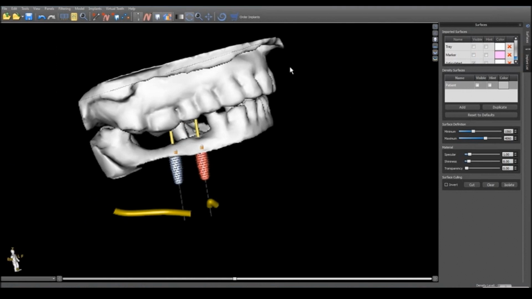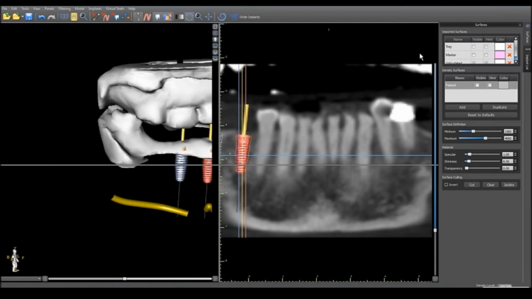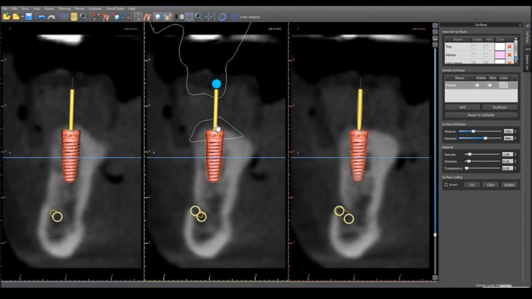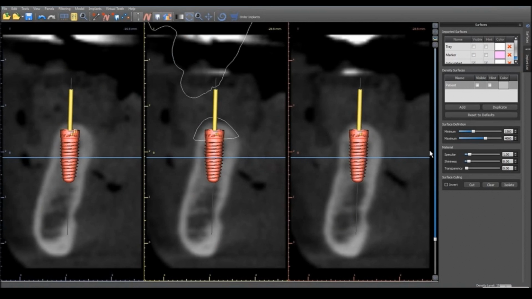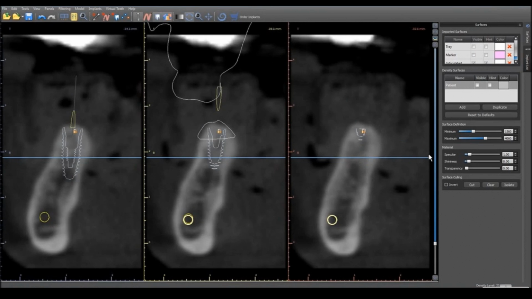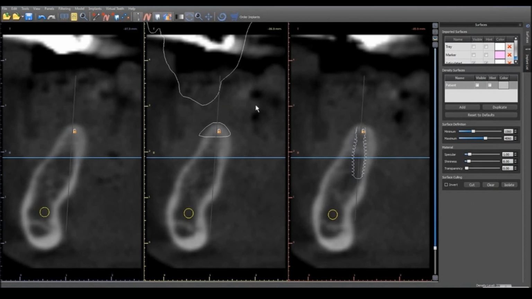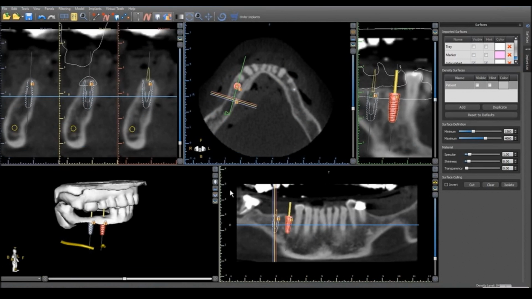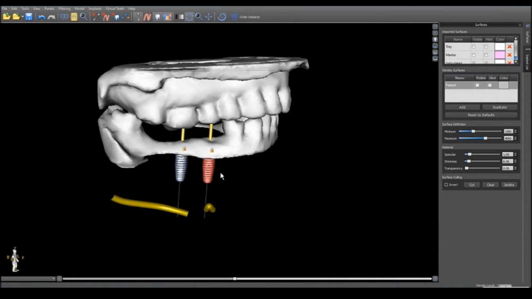Brought in the articulated model, projected it onto the cross-sectional views. Now here's a good example where I couldn't get it on the lingual cusp. I'm lingual to the lingual cusp because that's the best we could do because of the anatomy of the bone. But at least you know it before you do the case and not afterwards. So now we have the mesial distal, we have the buccolingual.